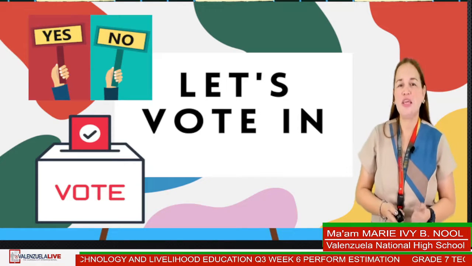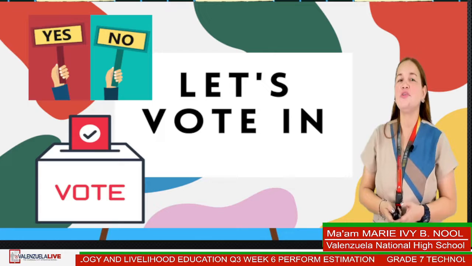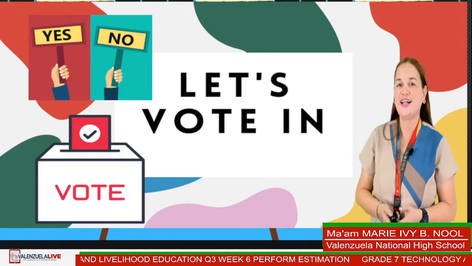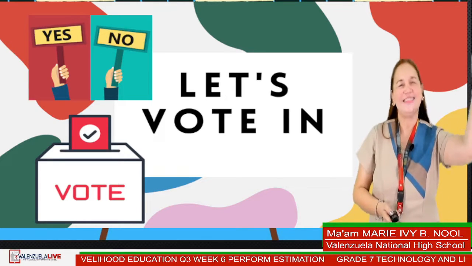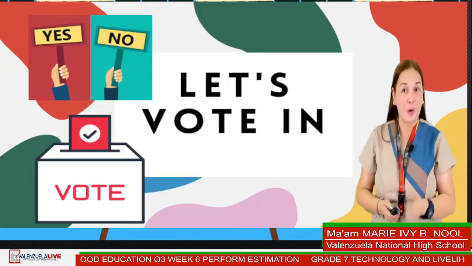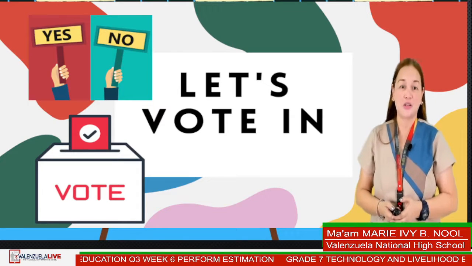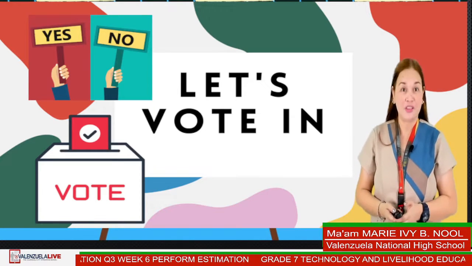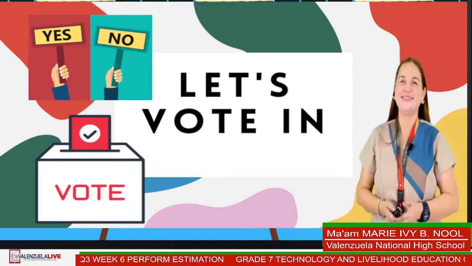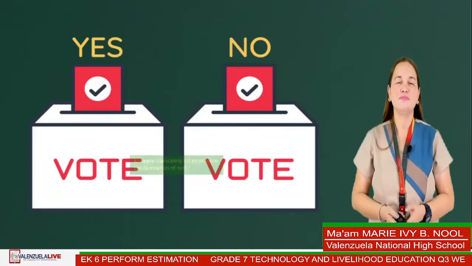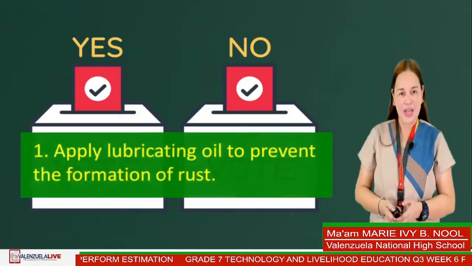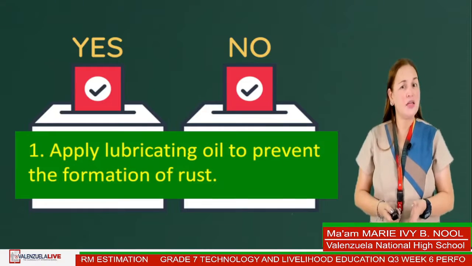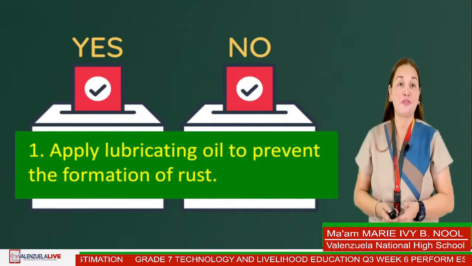Okay, let's begin our journey by answering this activity entitled, Let's Vote In. All you need to do is to vote yes if the statement is correct and no if it is not. Ready? Number 1. Apply lubricating oil to prevent the formation of rust.